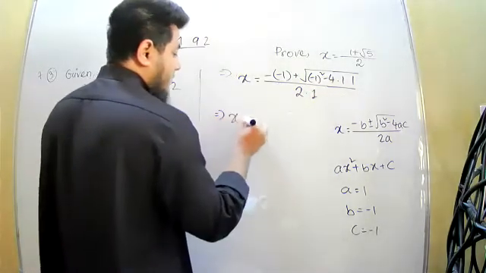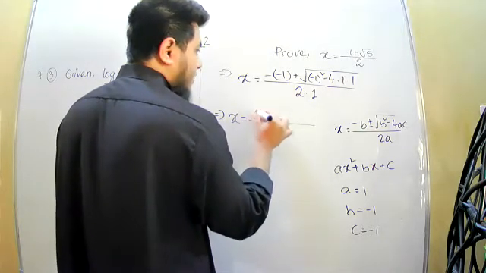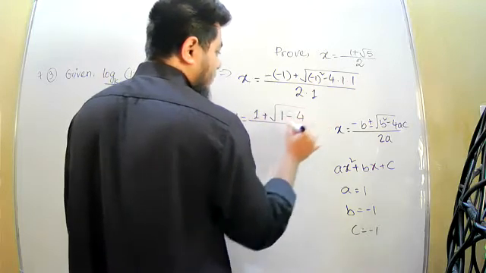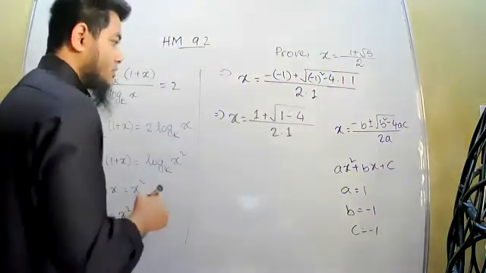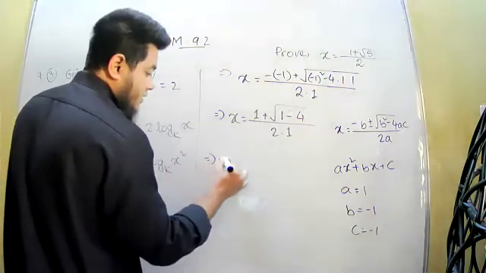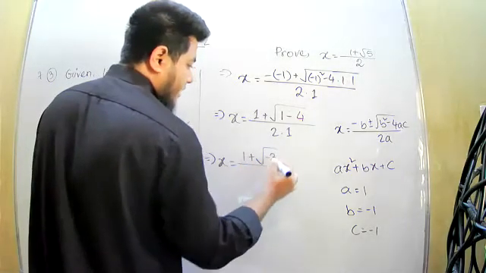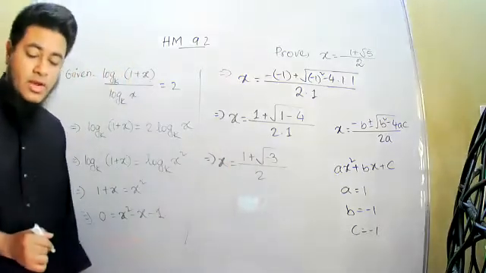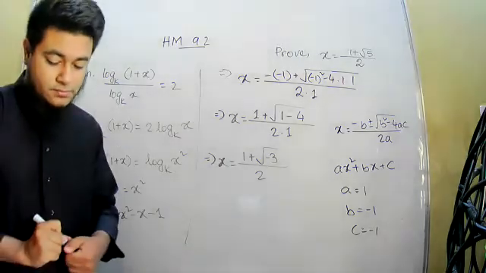So from here what we get, x is equal to minus minus, it will become plus, root over 1 minus 4. Now this is also an impossible solution, right? x is equal to 1 plus root over minus 3 divided by 2. In root over, we know that a negative number is not possible, correct or not?